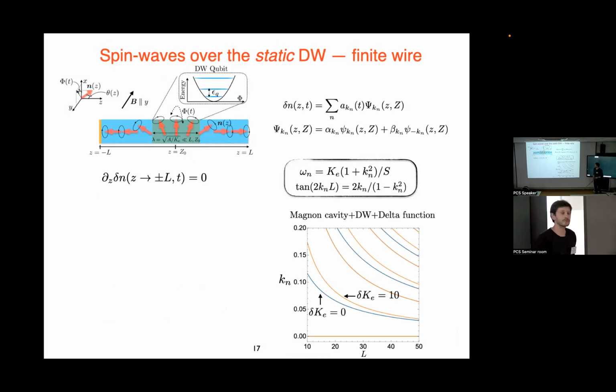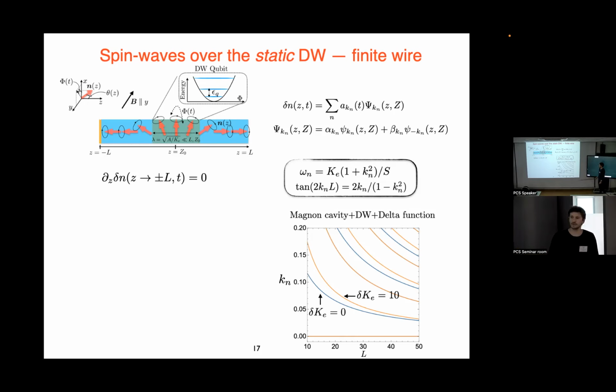However, once you put things in a cavity, you need to put some boundaries here, and the boundary condition that we use is that the spin current doesn't exit at the boundaries. Once you do that, you just solve it like a usual particle in a box, but with a bit of a twisted boundary condition, and you can find the solutions for this problem, which you cannot find exactly, but you can find the transcendental equation.